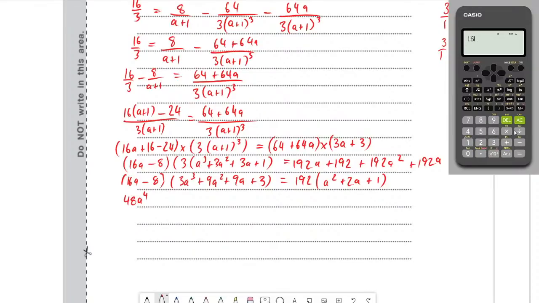16 by 9, it'd be what? 160 take 16 is 144. Plus 144a plus 48. 8, 16, 24, so minus 24a cubed minus 72a squared minus 72a minus 24.